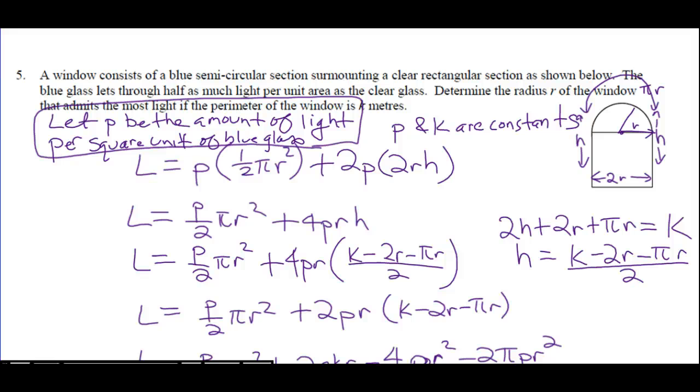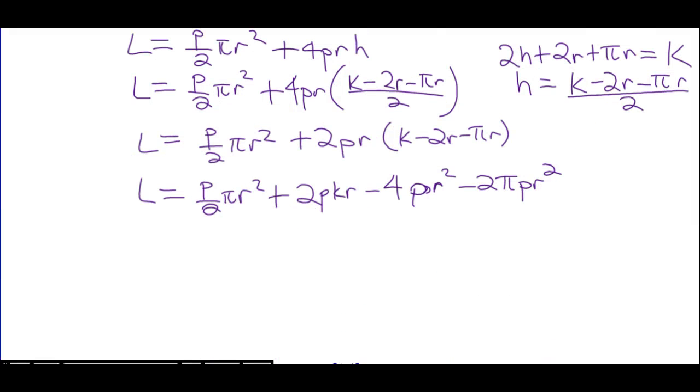So we've got P times the area of the blue glass. The clear glass lets in twice as much, so 2P times that area. Okay? Sorry. I thought it was in the question, and that's not in the question. And P and K are constants. The amount of light that's let in is a constant. Man, I wish I could rewind that stuff. Okay, so what do we got?